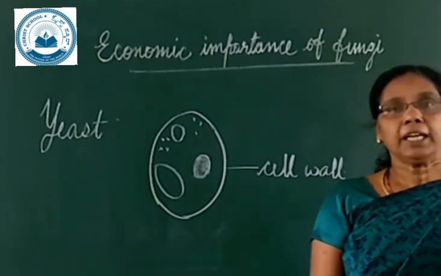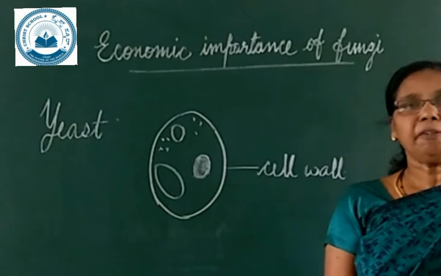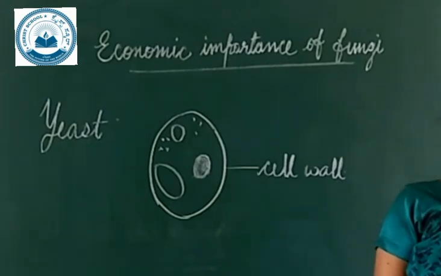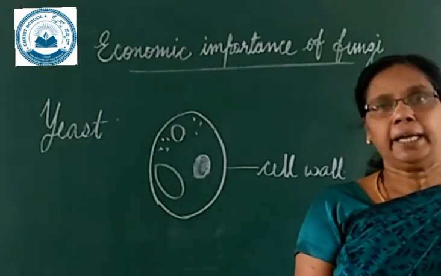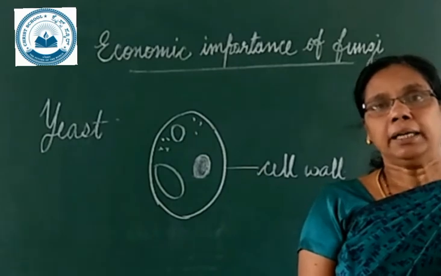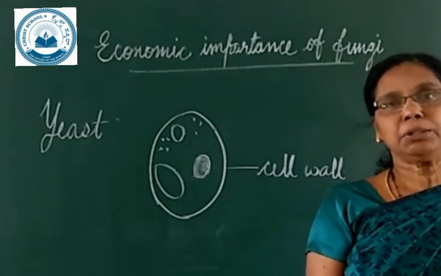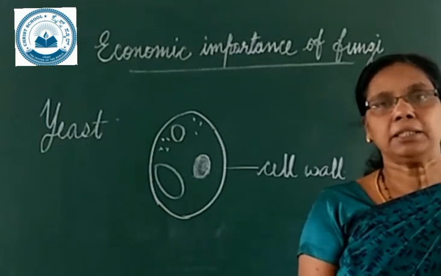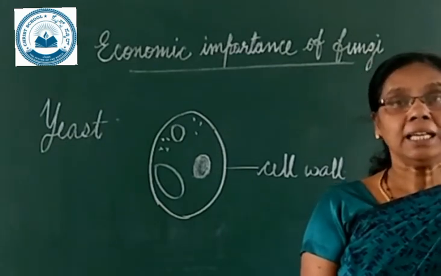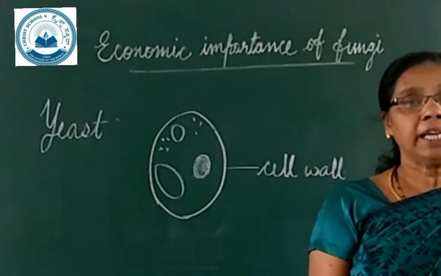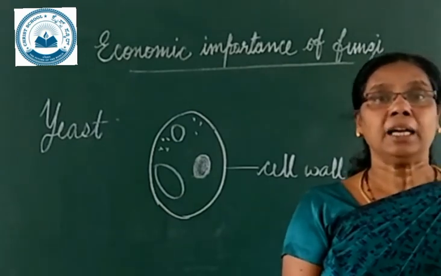And coming to respiration, what is the type of respiration that usually happens in the case of these fungi? Already in the last session I have told you that some bacteria as well as fungi usually respire by means of anaerobic respiration, that is, in the absence of air only these will respire.